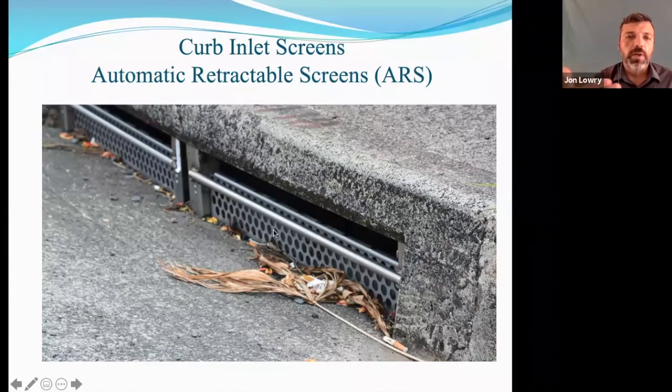But during sweeping events, they stay locked. And so the way these are maintained typically is by a sweeper truck. And the sweeper truck can go right up against the screen and suck up anything that got trapped. We're shooting for trash. We do get a lot of organics and other debris.